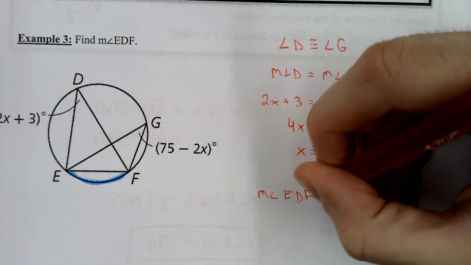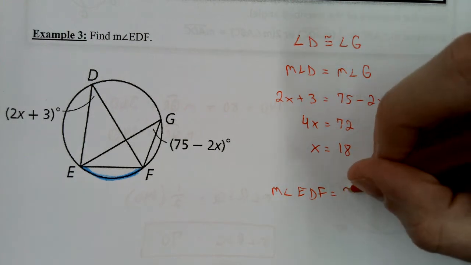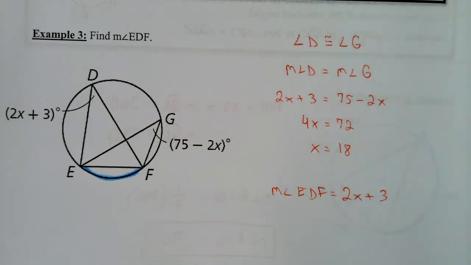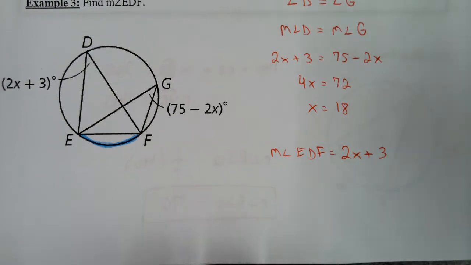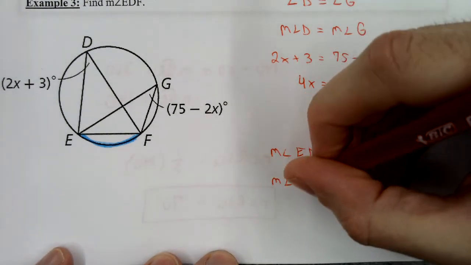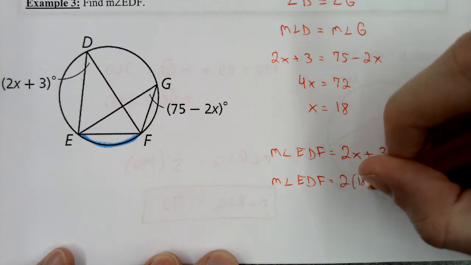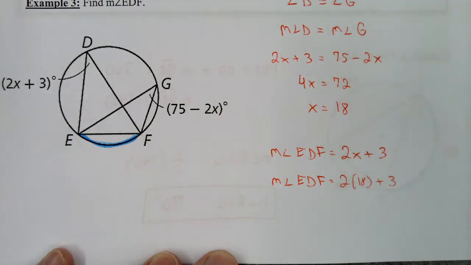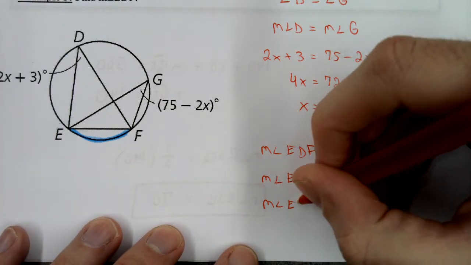The measure of angle EDF equals 2x plus 3. Okay? And we just established that x equals 18, so 2 times 18 plus 3. That's going to be 36 plus 3 is 39.